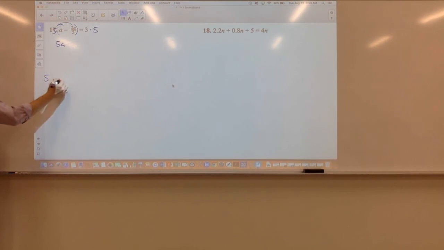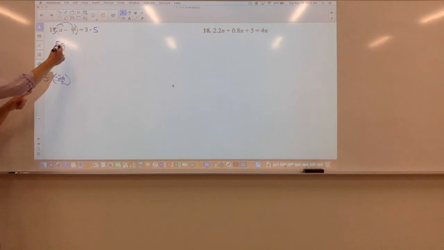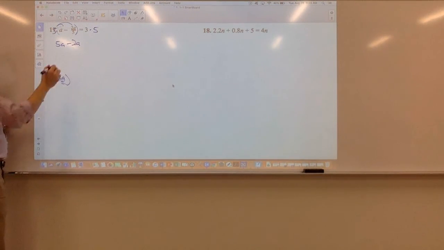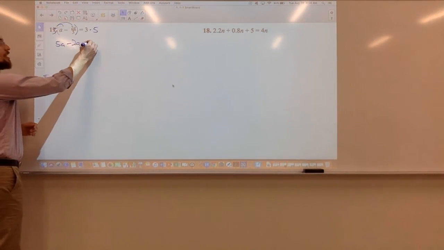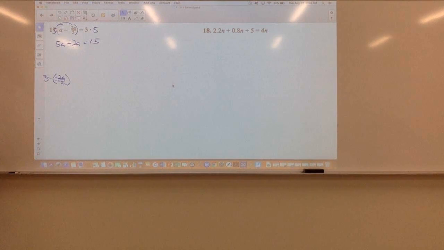If we're doing 5 times negative 2a over 5, those 5s cancel, and this would just be minus 2a. And over here we would have equals 15.